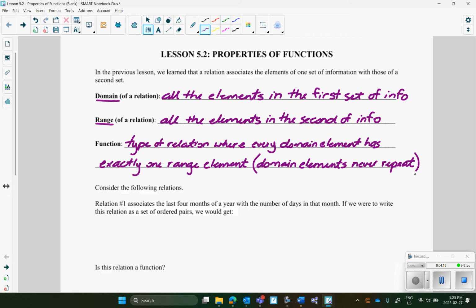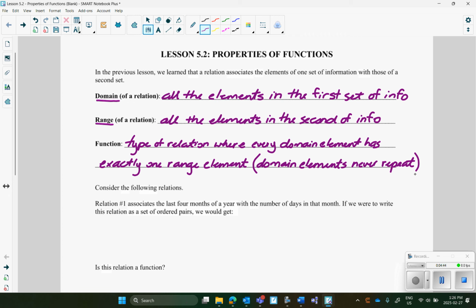So if we go back to that example that I gave you guys again, about all the different names, right? If you think about the relation, and the first set of information, the domain is all your names, do any names repeat? No. Therefore, the situation I'm giving to you, not only would we call it a relation, we'd call it a function.